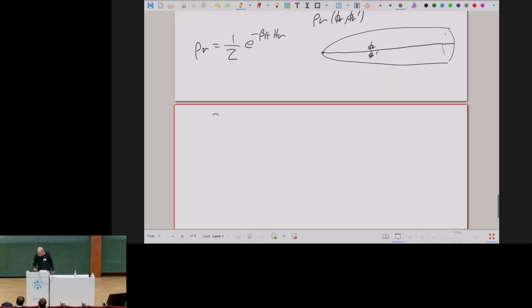So that's a thermal density matrix in the region SR with HR as Hamiltonian and the Hawking temperature.